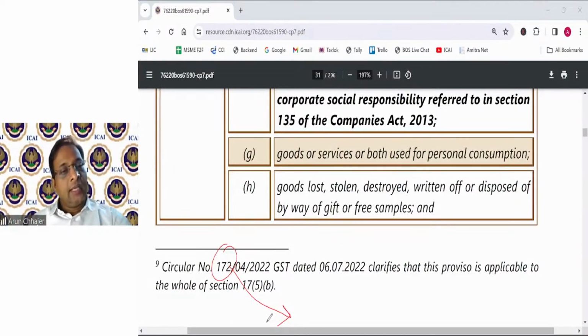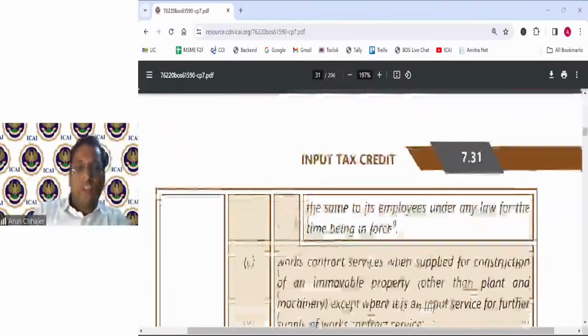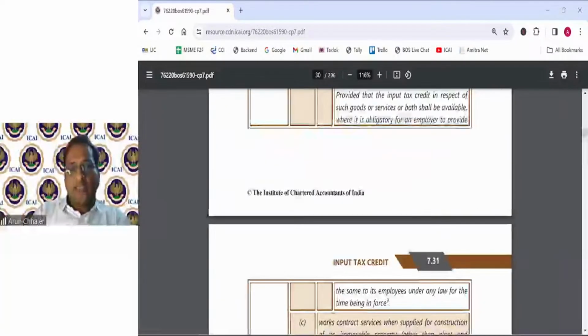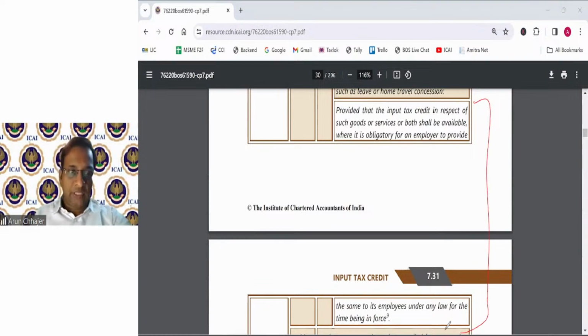What was the doubt? The doubt was whether this proviso... which proviso, sir? This proviso says that if you have incurred expenditure because of the compulsion of any law, let's say you are providing food and beverages because of the Factories Act, you are providing rent-a-cab services because of the Factories Act, you are providing life insurance or health insurance because of the Workmen Compensation Act.